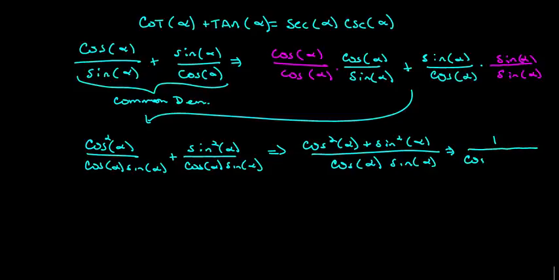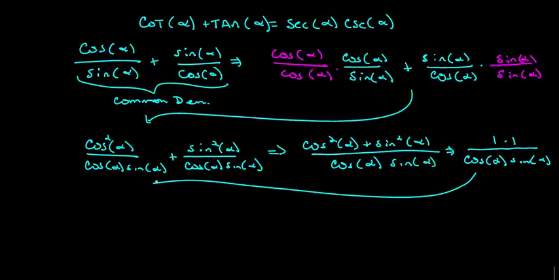So this is 1 over cosine alpha times sine alpha. Now the top can be split into 1 times 1 if I'd like to. So that's going to be 1 over the cosine alpha times 1 over the sine of alpha, just like that. I can split those things up.